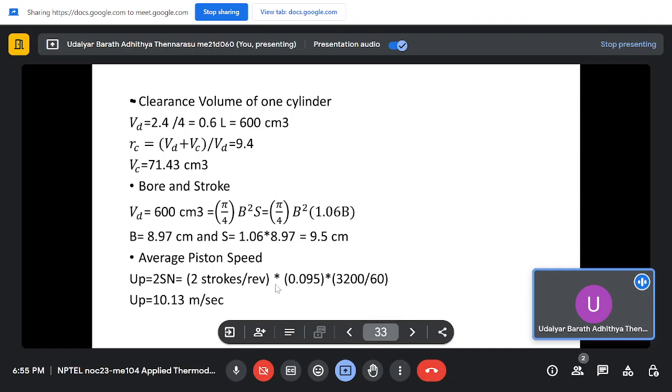So 2 into 0.095 into 3200 by 60. So you'll get the piston speed as 10.13 meter per second. So we calculated everything. The average piston speed is 2 into S into N.